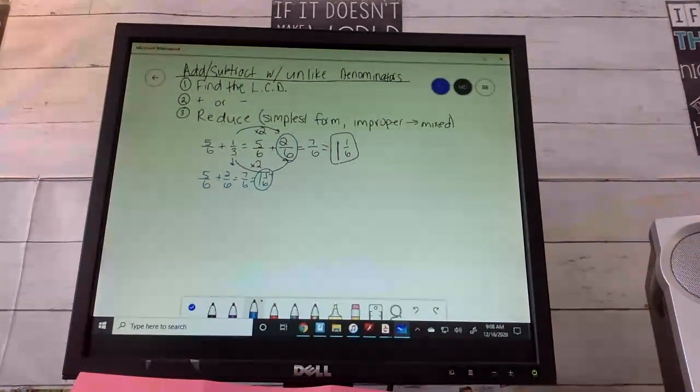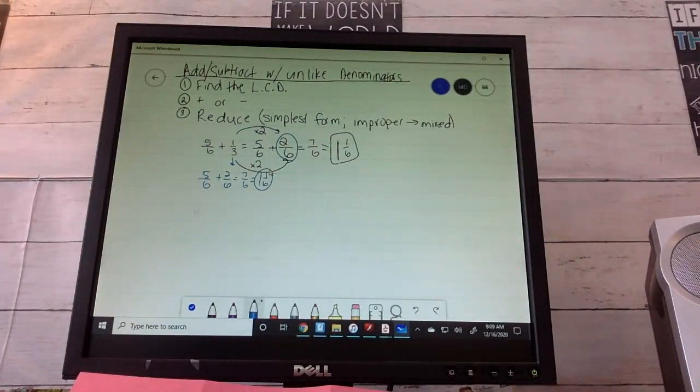I just wrote it that way so I could show what we're doing. So this equal sign, Quinn, is just saying that this right here is equivalent to that right there. Would you agree? Would you say 5/6 plus a third is equal to 5/6 plus 2/6? Yeah, we just rewrote it. That's all we did.